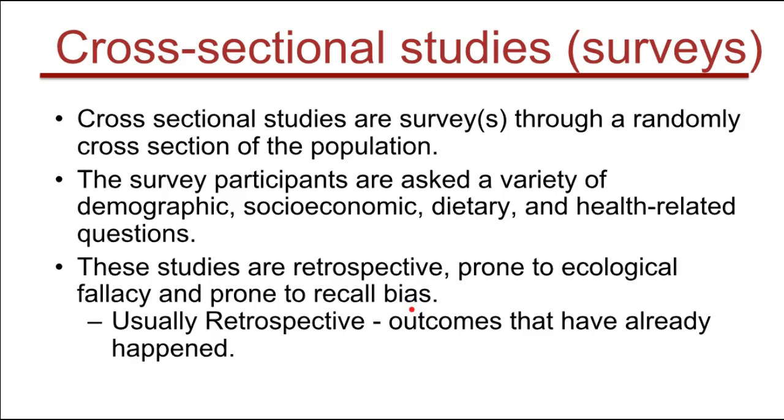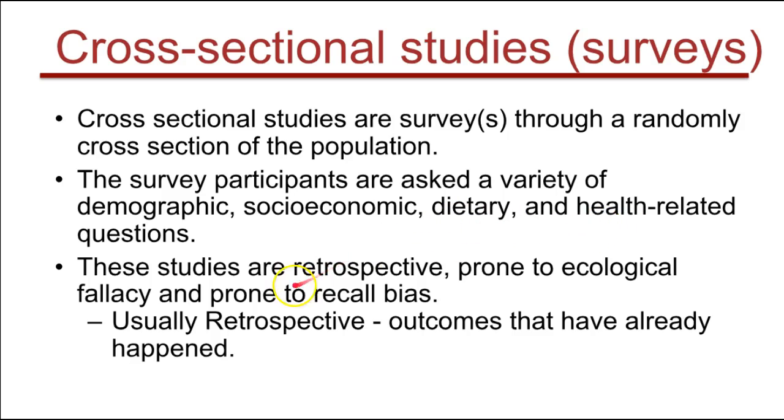Another important source of information are cross-sectional studies or surveys. Cross-sectional studies usually take a random cross-section of the population, and then they ask survey participants about a variety of factors: demographic, socioeconomic, dietary or nutritional, and then some health-related questions.